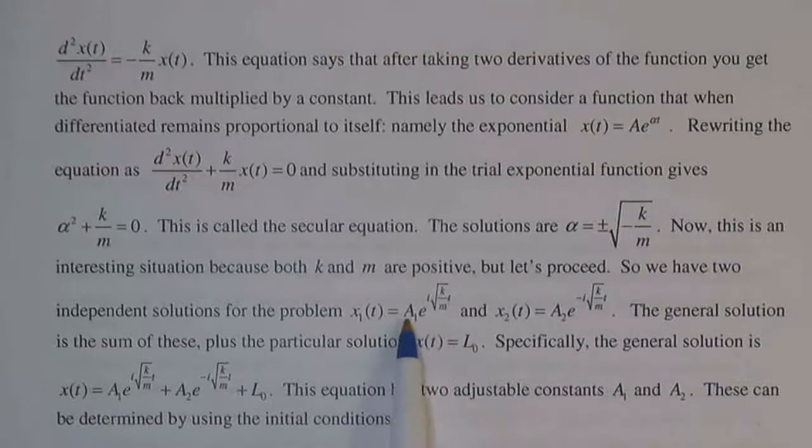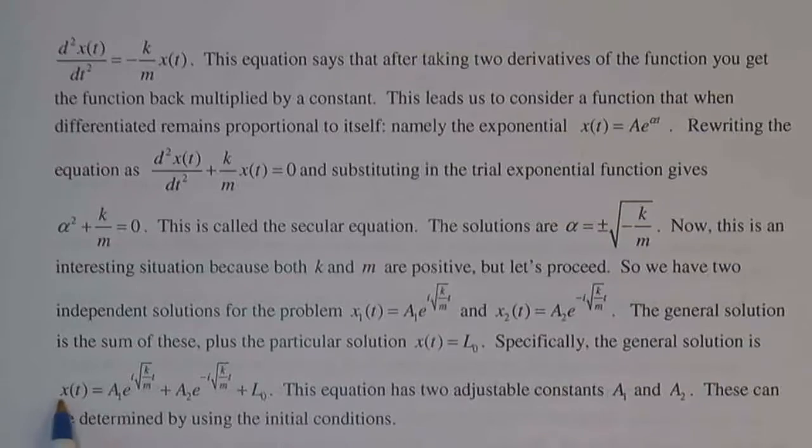I also have two arbitrary constants, a1 and a2. And so I have two solutions, one which is the positive complex exponential and one which is the negative complex exponential. Both of these are equally good, and so the general solution is the particular solution plus these two solutions, the homogeneous.